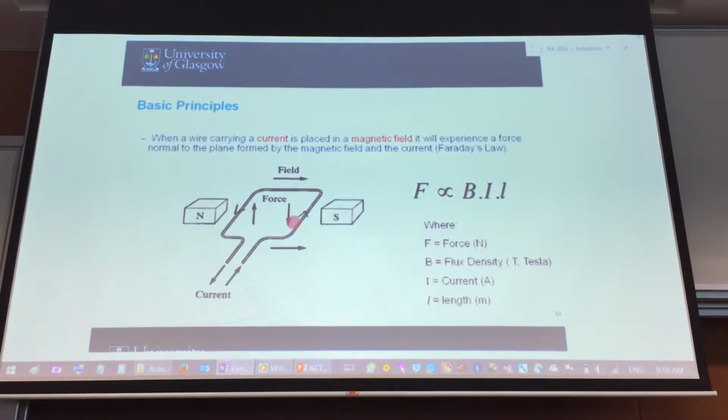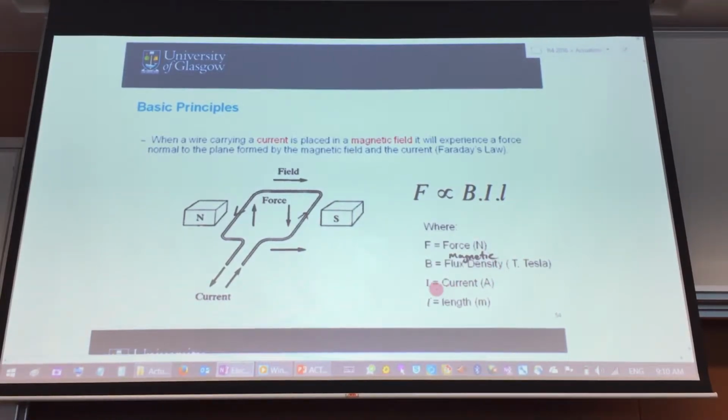So you could see that there is a correlation between the amount of force that's produced and your magnetic flux. This is the magnetic flux density, measured in Tesla. Usually that amount of Tesla is quite small, and the force is also proportional to current.